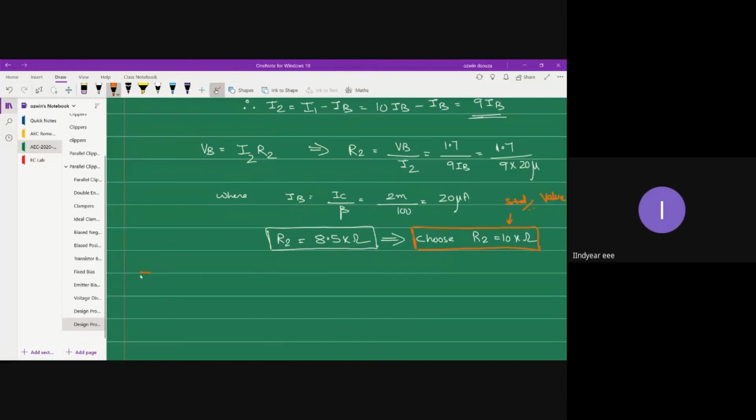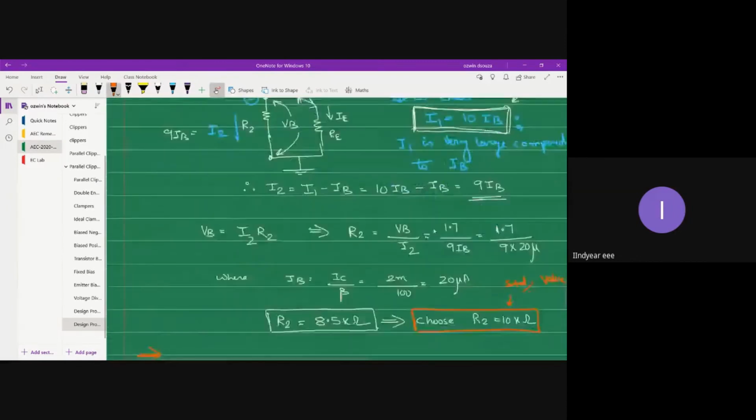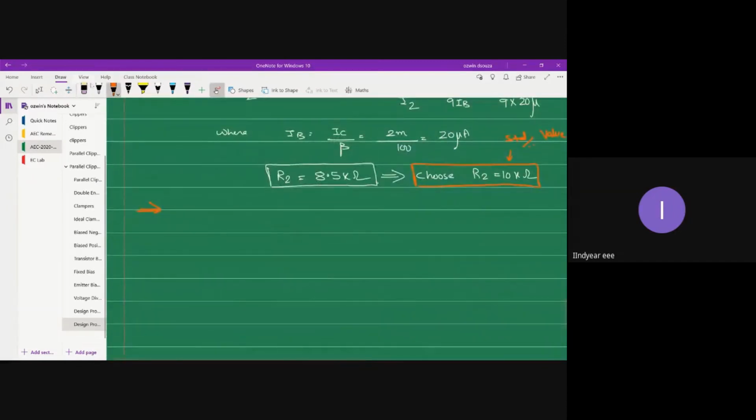Then finally, we are left with R1. R1 can be found by using VB is equal to VCC R2 divided by R1 plus R2, because we know R2.